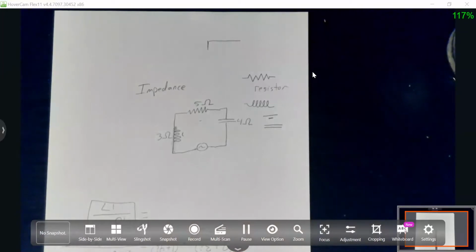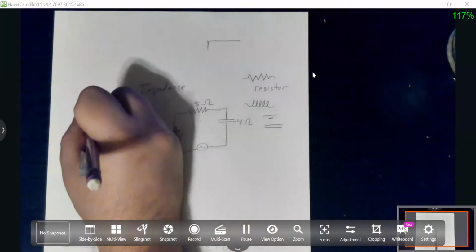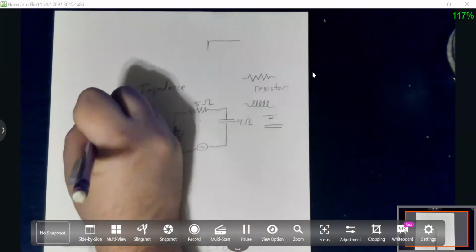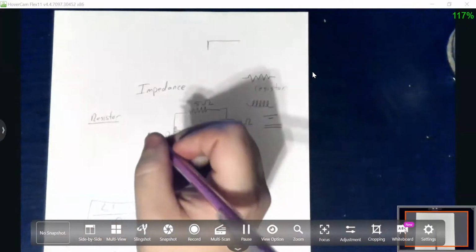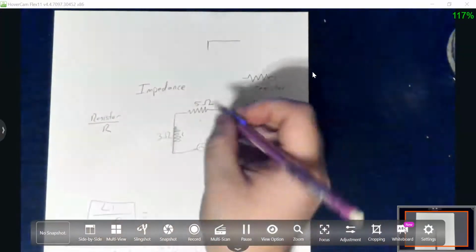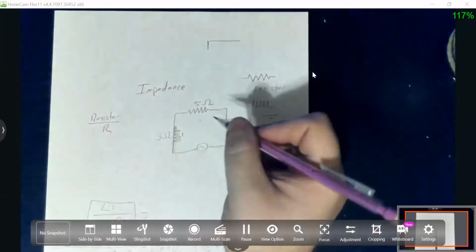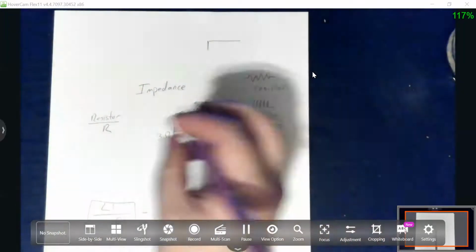So if we want to talk about impedance, when we measure impedance, we can make a little chart of it. Resistors don't do much. The impedance of a resistor is just whatever the R rating is. So if we have 5 ohms, it's going to give us an impedance of 5.